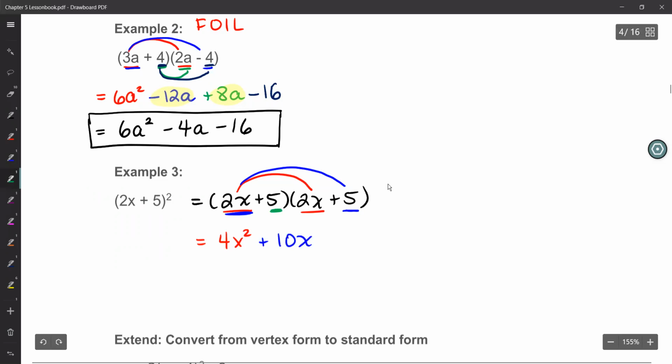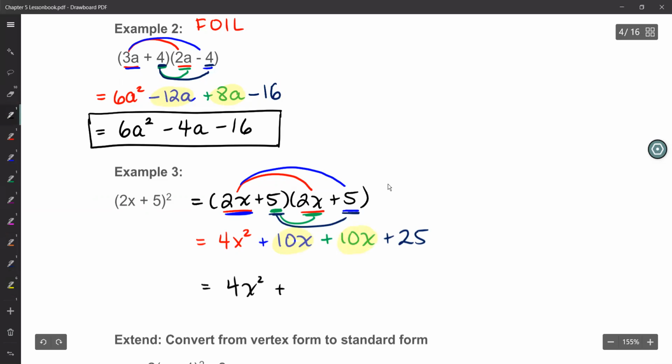And then insides, 5 times 2x should give us positive 10x again. And lasts will give us 5 times 5, which should be positive 25. Okay, gather your like terms. We have a positive 10x and a positive 10x that need to be gathered. So that will be 20x.